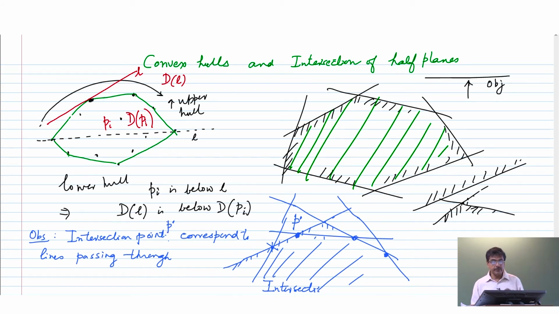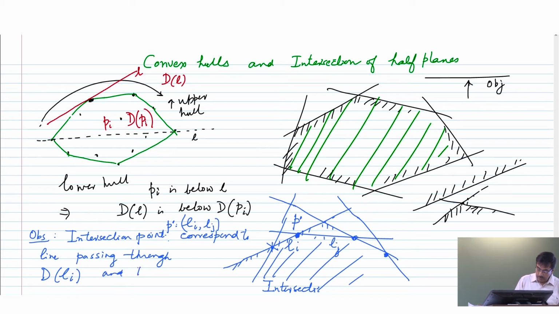Now P prime is the intersection point of two lines. So, suppose this corresponds to two lines Li and Lj. This is Li and this is Lj. So, this intersection point then must correspond to a line passing through D's of Li and D's of Lj.